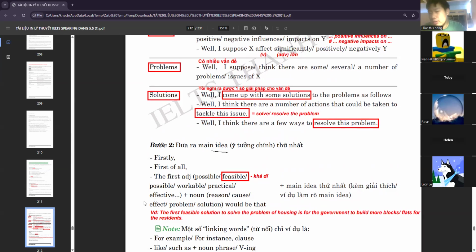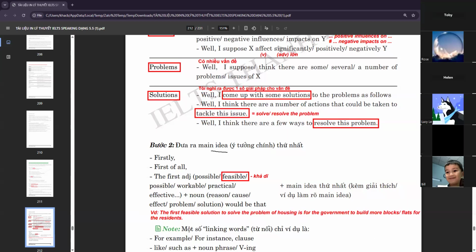Now, you need to give out your main idea, and after that you could give the first adjective, such as possible, feasible, or practical. I would say practical and feasible are good ones that I would usually use most of the time.